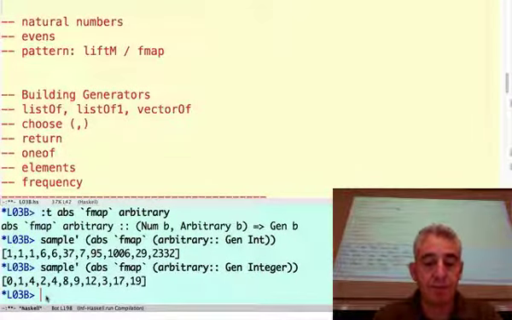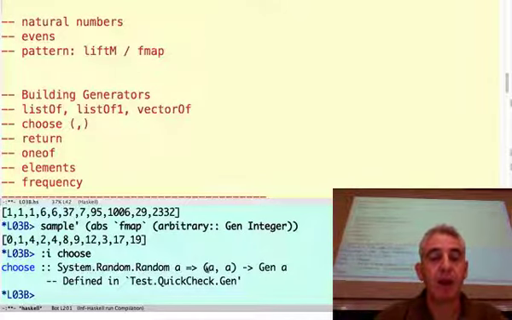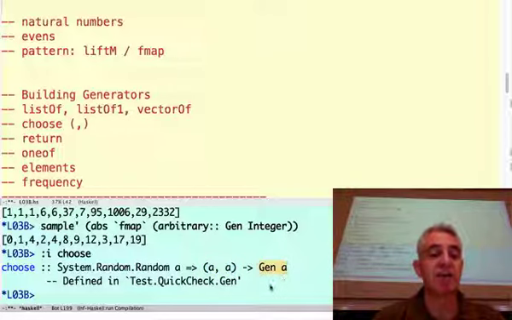The first one, choose, is something which is closely connected to the System.Random generation suite. It basically says, if you give me any type which can be randomly generated by the system random generation, and you give me a range for that type, I'll create a generator of that type.